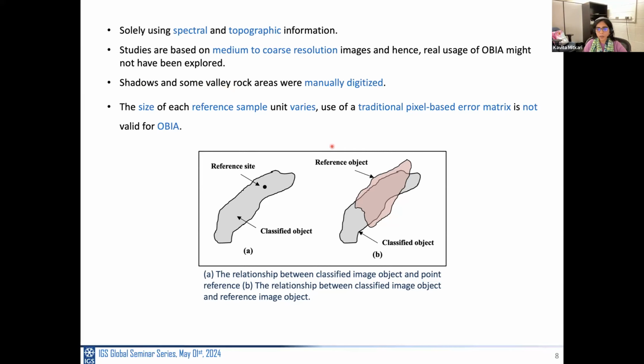And also one point I would like to highlight here is that all these studies have utilized the traditional pixel-based error matrix, which is not considered valid for assessing the accuracy of OBIA-derived classified maps, because in OBIA, the basic entity is not a pixel, but a group of pixels, that is objects. And therefore, we need to modify the traditional pixel-based error matrix.